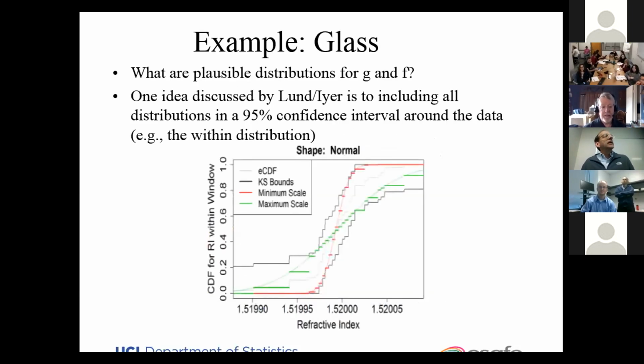So in talking about sensitivity, or making sure that we consider a range of models, Hari and Steve present one way of thinking about what other distributions are plausible.